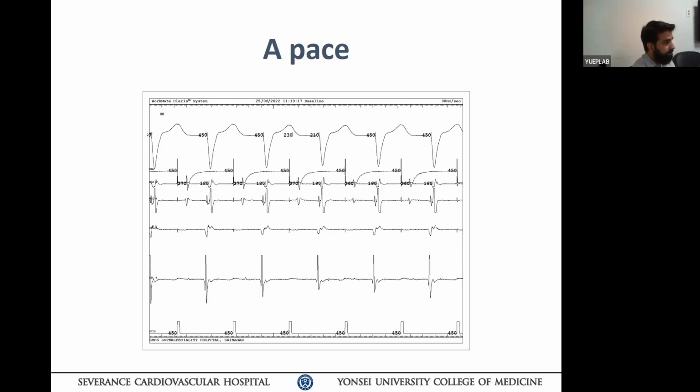So the tachycardia is basically a pre-excited AVRT, antidromic AVRT. I kept only one slide just to show the Mahaim fiber behavior on A pacing. The normal accessory pathway behavior is that AV will shorten and HV will also shorten, but Mahaim fiber has decremental antegrade conduction. The AV will increase, but the HV will shorten. So this is typical Mahaim fiber decremental conduction.